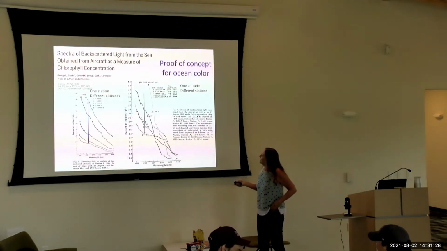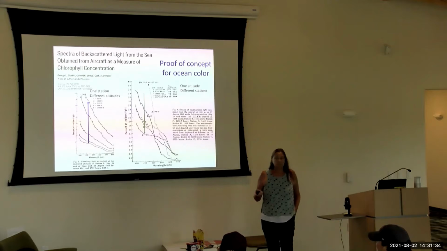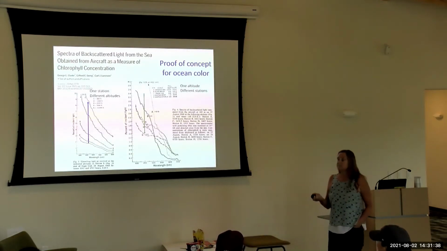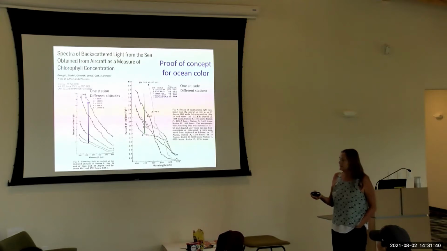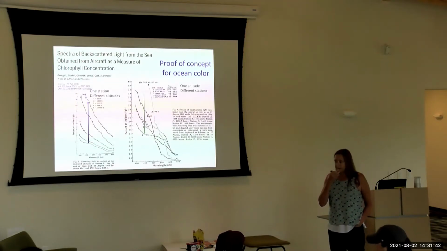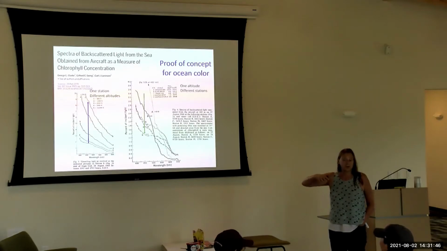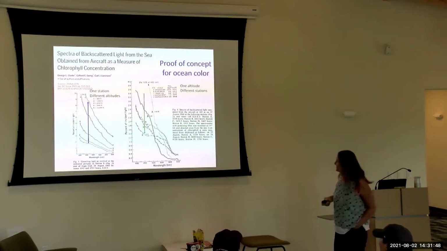And what you see is that as you go from offshore to onshore, the reflectance goes down, right? Due to what? Absorption, so it's less scattered, right? Because if it was more scattered, it would get brighter. But instead, the ocean is getting darker because of absorption.